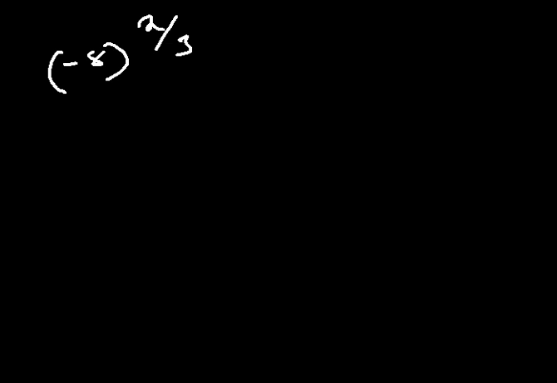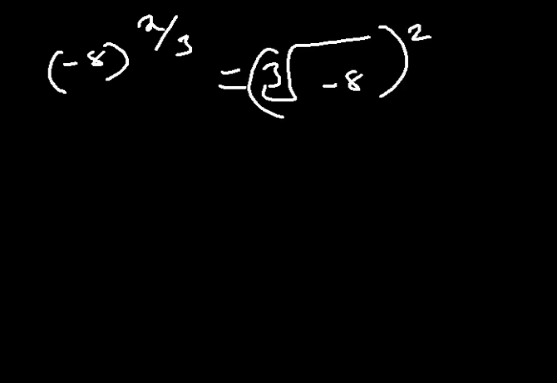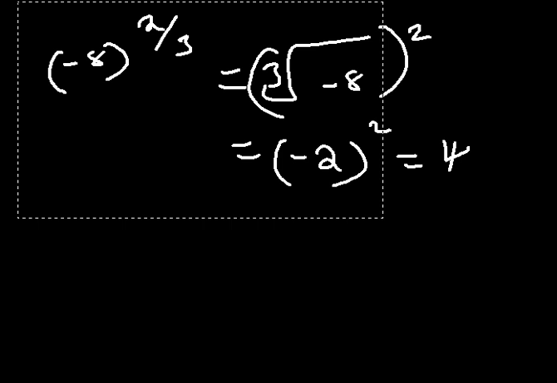As it stands, it means we have the cube root of negative 8, overall to the power 2. What is the cube root of negative 8? It is negative 2, and negative 2 to the power 2 is 4. That's the working principle behind that.